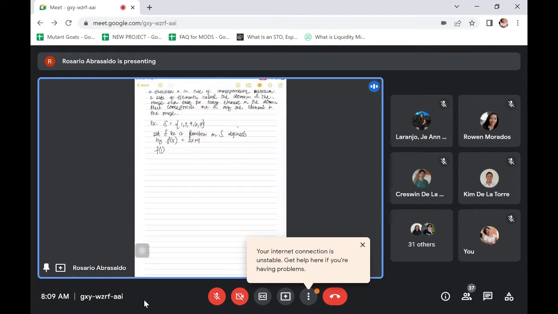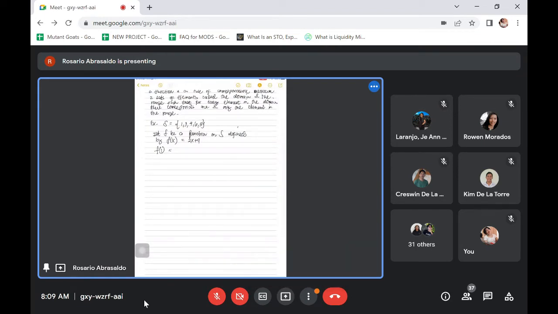Finding the value of f of 1, since the set of numbers given is 1, 3, 4, 6, and 9. If you're going to find the value of the function f of x when x is equal to 1, then we substitute the value of x, which is 1, so 2 times 1 plus 4. So you have a corresponding value. Then if x is 3, we have 2 times 3 plus 4, so 6 plus 4 is 10.